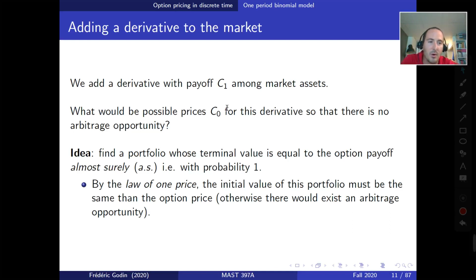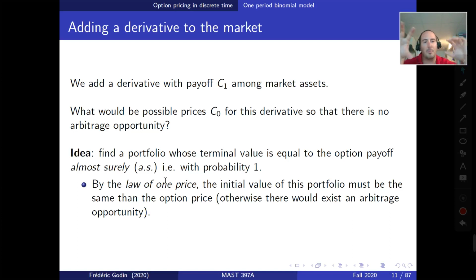So how are we going to do that? We're going to exploit what we referred to as the law of one price in the previous chapter. We're going to try to find a portfolio whose terminal value is equal to the option payoff almost surely. Almost surely means with probability 1. So we're going to find a portfolio whose final value at time 1 is always the same as the payoff of the derivative.